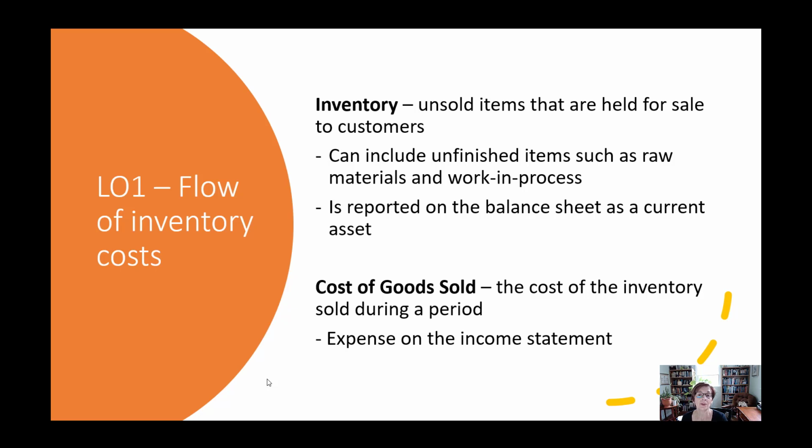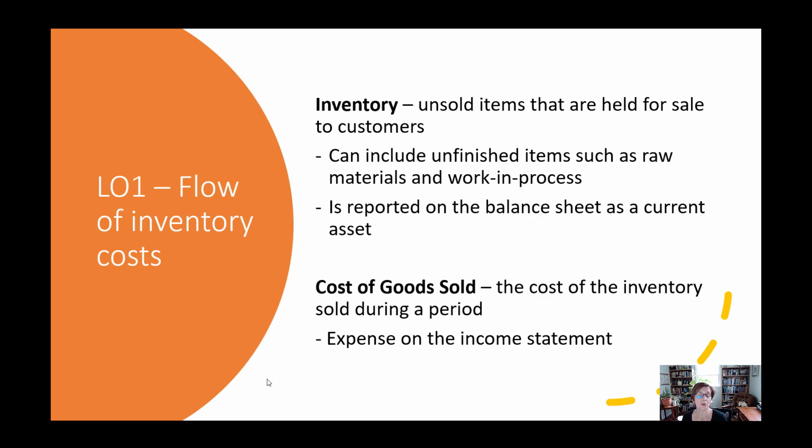So in a manufacturer, you can have three different kinds of inventory, which we'll look at, like raw materials, which are the things that you put together. So say you were making a bicycle, you would have tires to manufacture your bicycle, and the tires would be considered raw materials. Okay, so inventory of all types is reported as a current asset on the balance sheet.